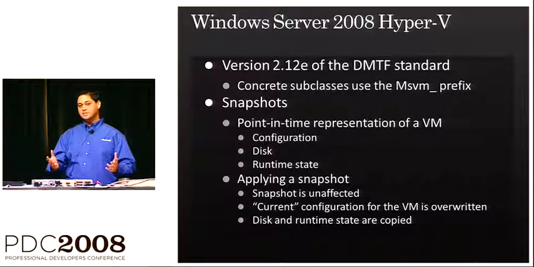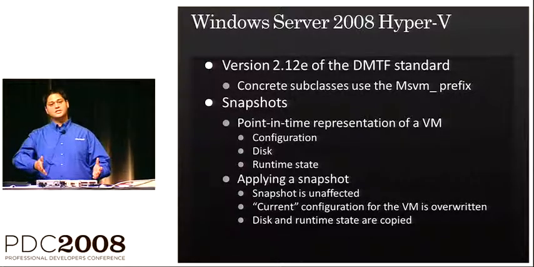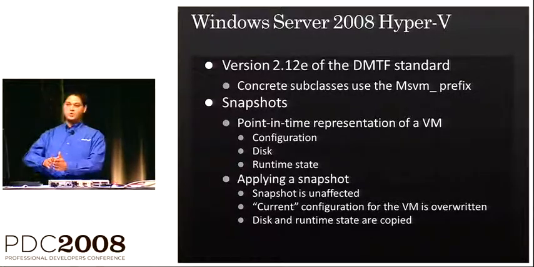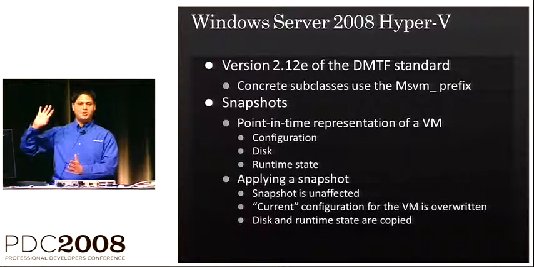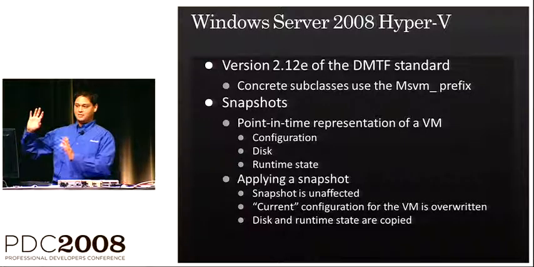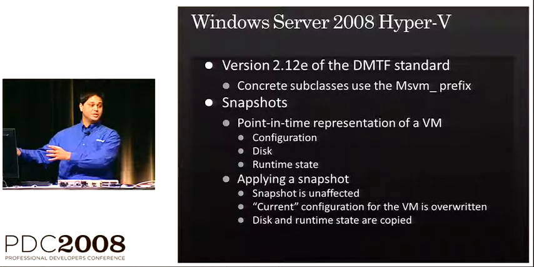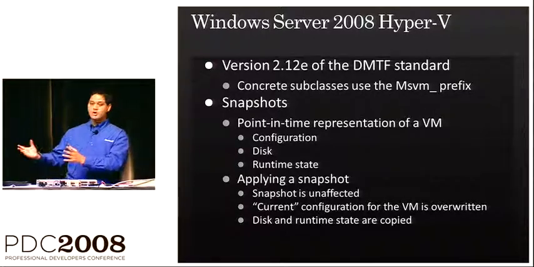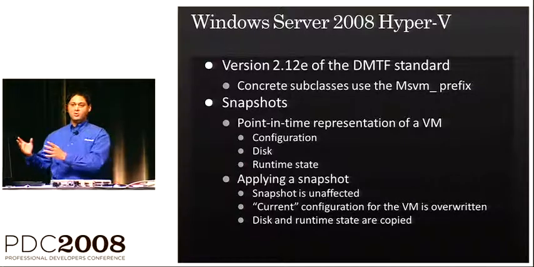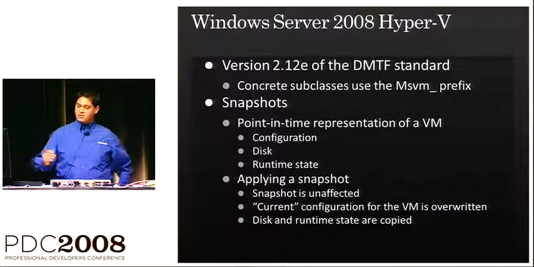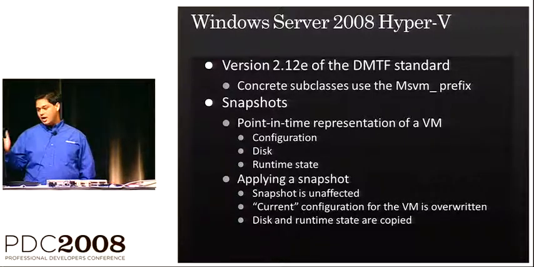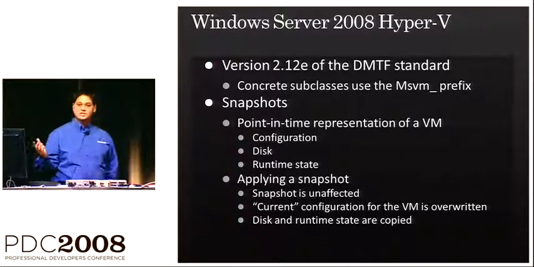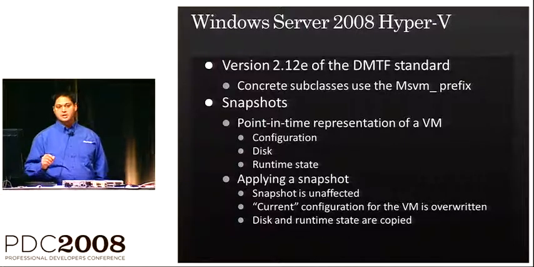So the scenario runs something like, you're running along, you take a snapshot, you go install your private drivers or your other environment, whatever, and you end up messing up your virtual machine. Well, you want to go back to a clean state before you went and messed everything up. That's what you basically do when you're applying a snapshot. So when you apply a snapshot, the snapshot itself is unaffected.